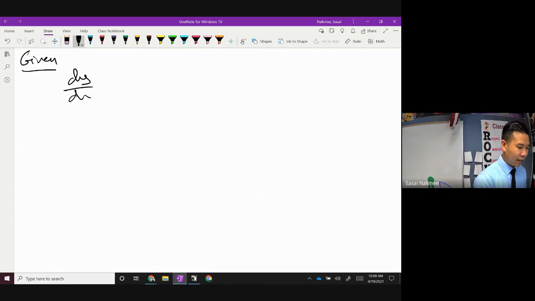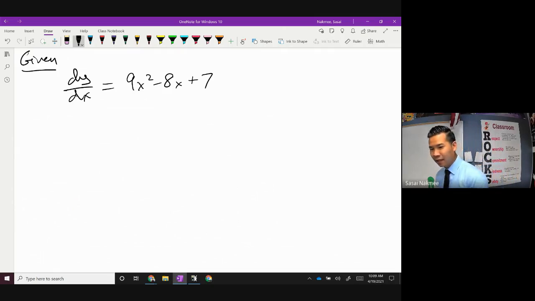dy/dx is equal to 9x squared minus 8x plus 7. Yeah, ignore that last one. Let's just leave it at that. Let's say that one was good enough. Let's take a look at this problem. All right, we have this right here, and they tell us that there's an initial condition.